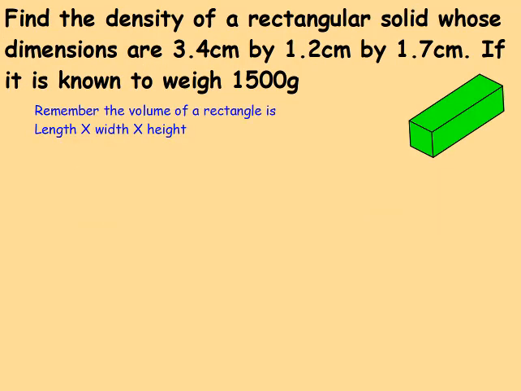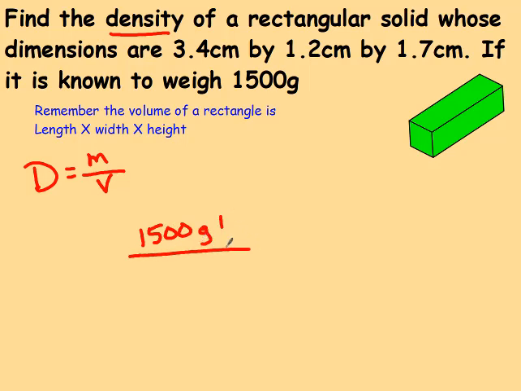So on this problem, we're looking for our density. They gave us our mass, and they didn't give us our volume, but we know that volume is length times width times height. And they gave us all our dimensions. So we don't need to rearrange. My mass is 1,500 grams. And for my volume, I can technically plug all those in off to the side, or I can just plug them in here.